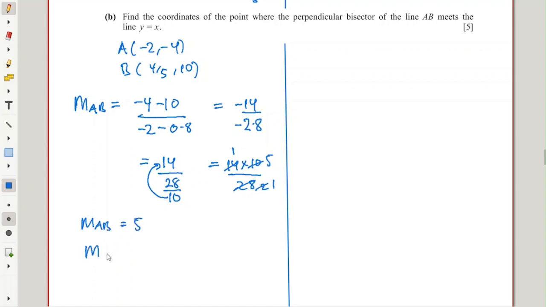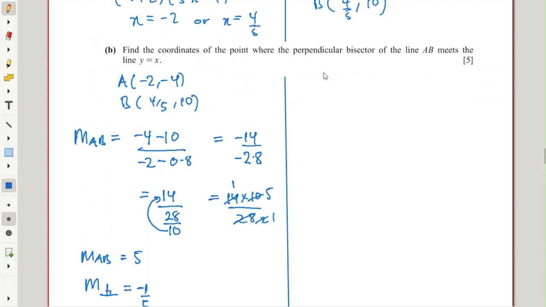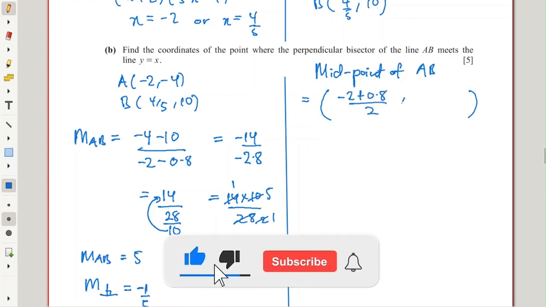So now the gradient of my perpendicular bisector is going to be the negative reciprocal of this. So this is the same as 1 over 5. Then I negate it. Then don't forget that you're supposed to also find the midpoint of AB. So I sum this one up. Negative this plus 0.8 over 2, this plus this.